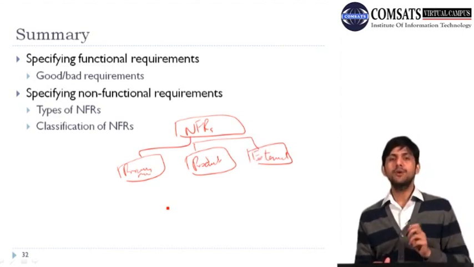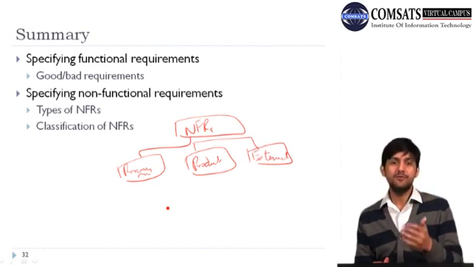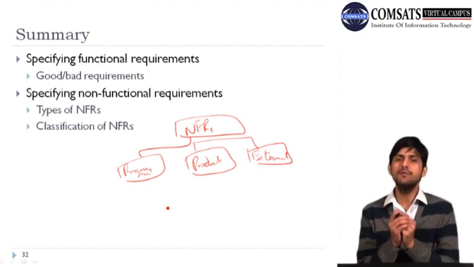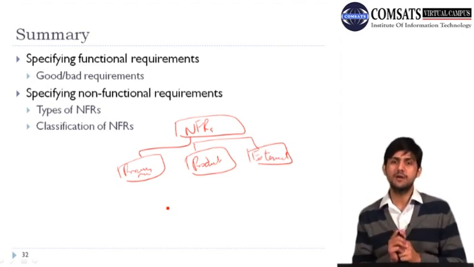Then we talked about product requirements. Any kind of usability, performance, reliability, or capacity and size constraints would be classified as product non-functional requirements. Then we finally talked about the external non-functional requirements.